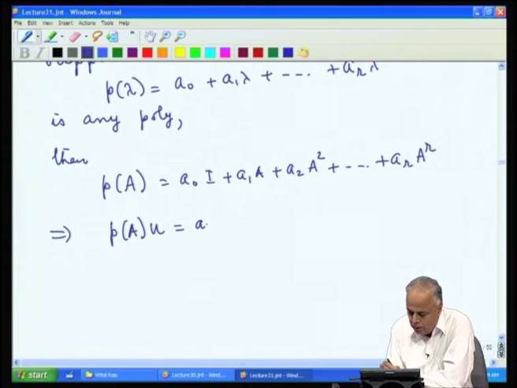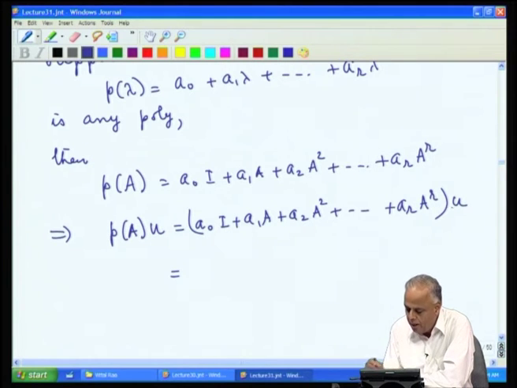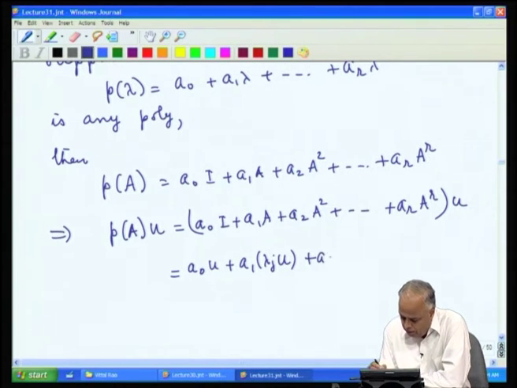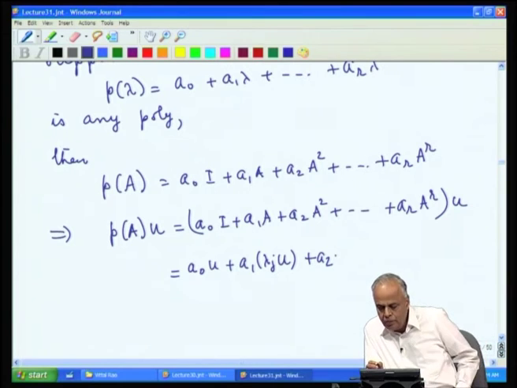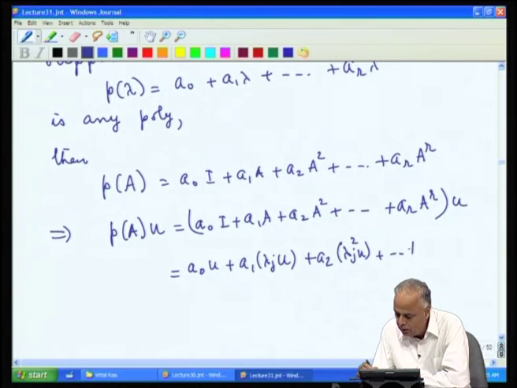P A u is A naught I plus A 1 A plus A 2 A squared and so on plus A r A power r into u. Now, we multiply: A naught I times u is u, plus A 1 A times u is A 1 lambda j u, because u is an eigenvector, A 2 A squared u is A 2 lambda j squared u, we have just now seen that, and so on, A r lambda j power r u.